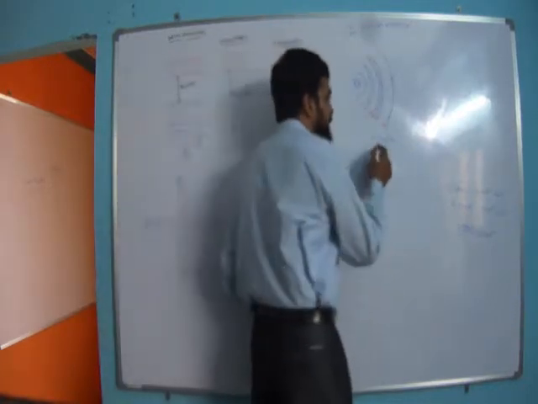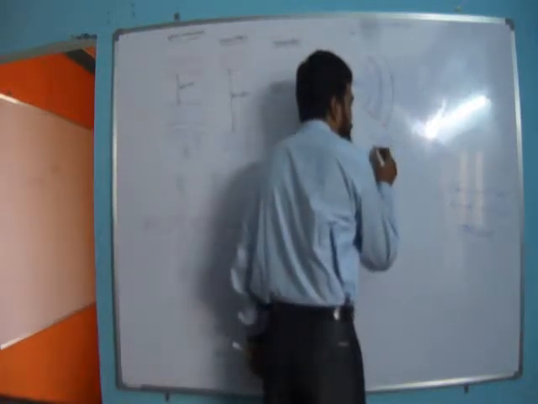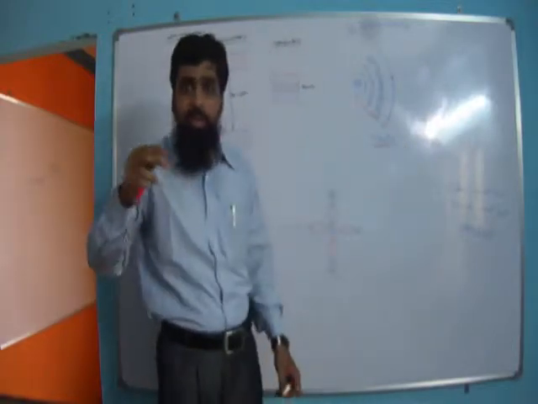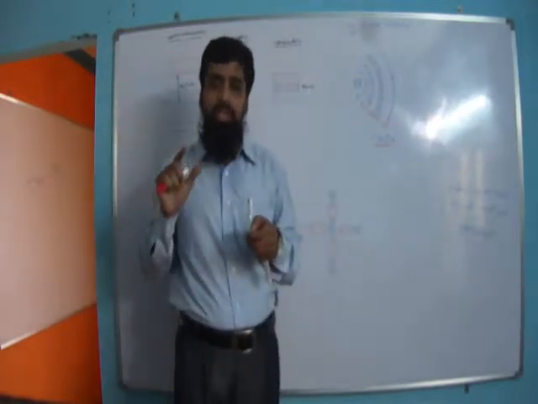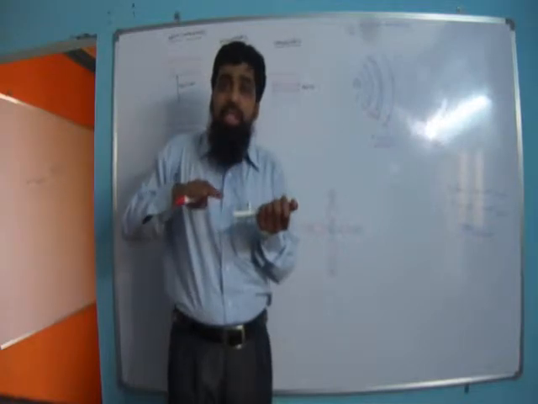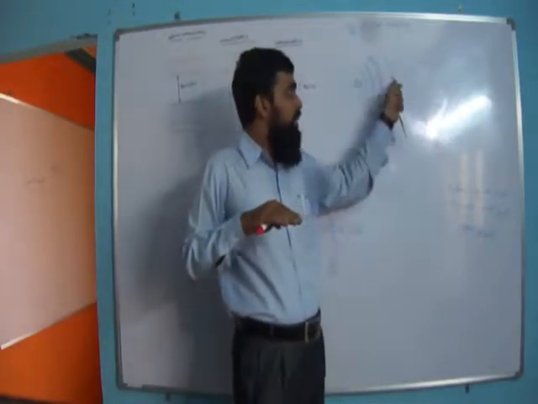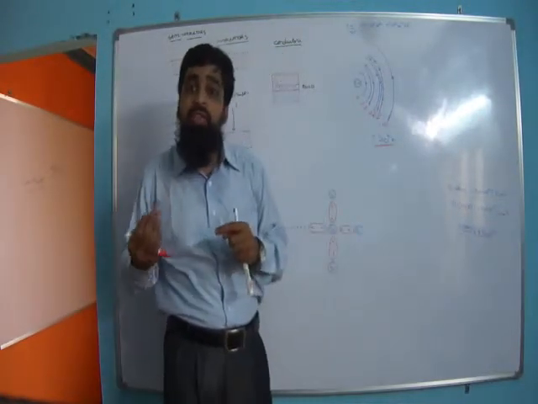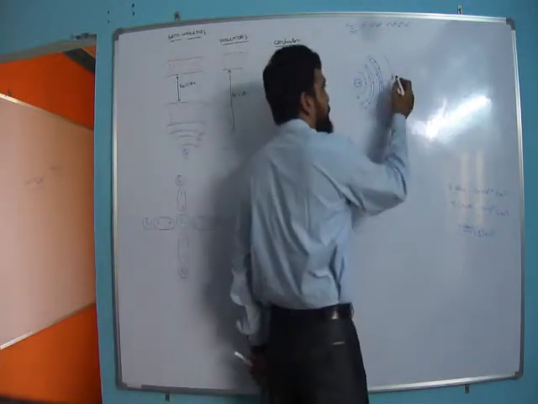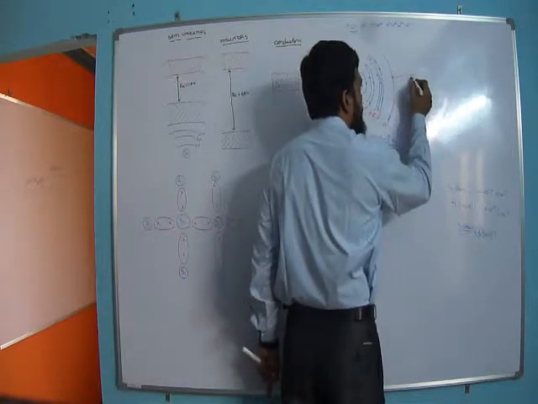Now when the temperature is greater than 0, when you are increasing the temperature, it means you are applying energy in the form of temperature. Now if the temperature is greater than 0, this valence electron will absorb the energy from the temperature, and this copper atom will push away this electron.